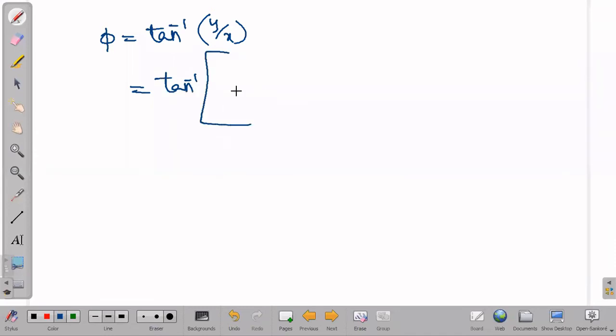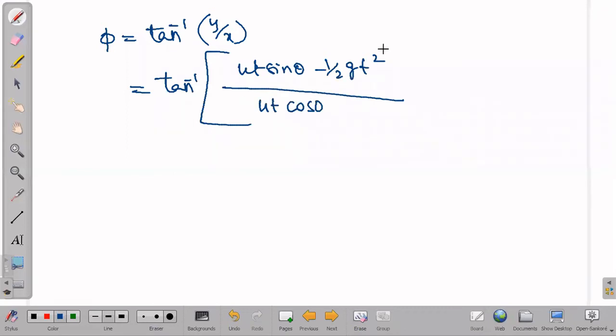Y is ut sine theta minus half gt square, and x is ut cos theta. This is our tan inverse function. This is our phi.